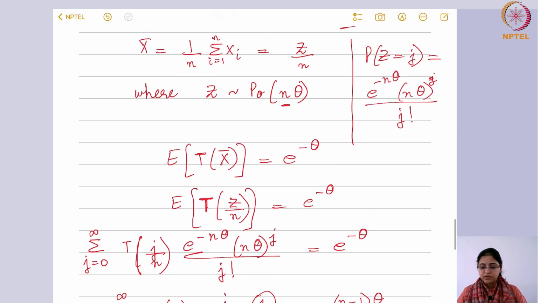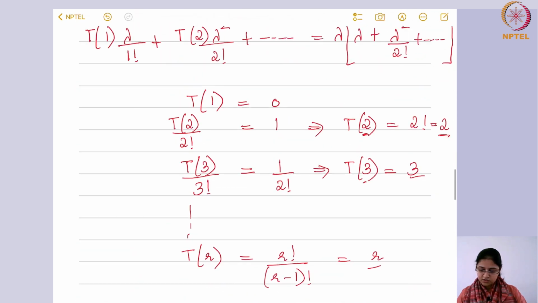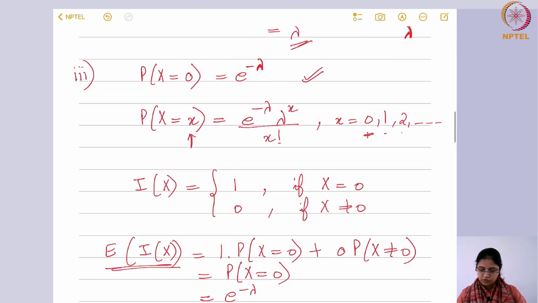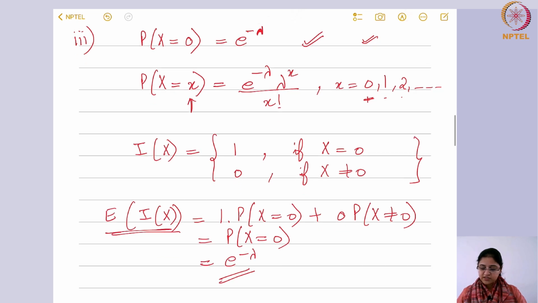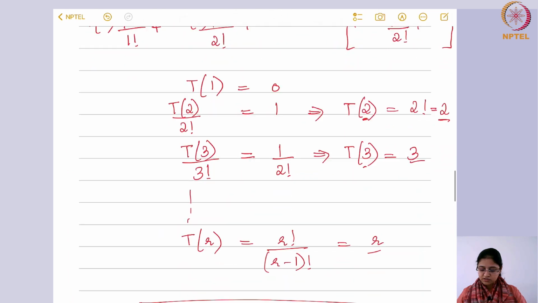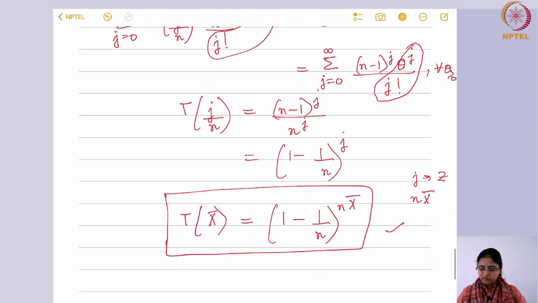If you remember, in an example earlier, when we had e to the power minus lambda, what was our unbiased estimator? It came out as an indicator function, right? And instead of that, the result says that if I consider this one, which is based upon the sample mean, then this is going to be a better unbiased estimator because it is based upon the MLE.